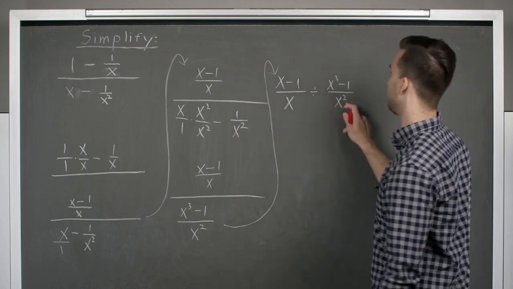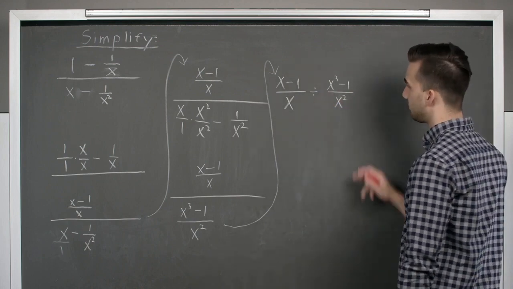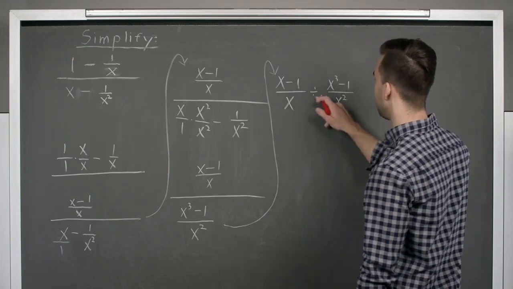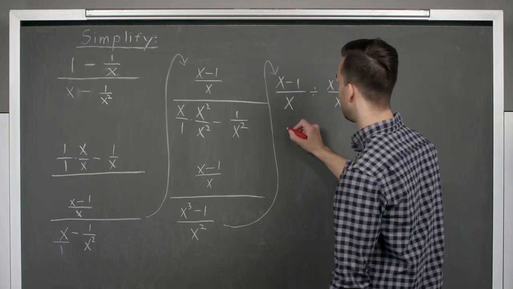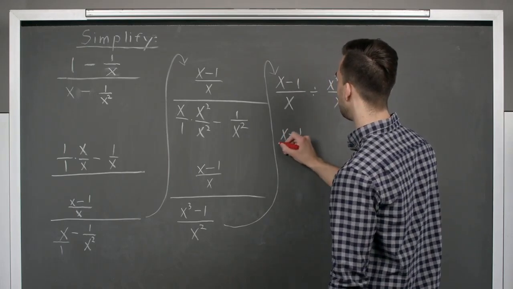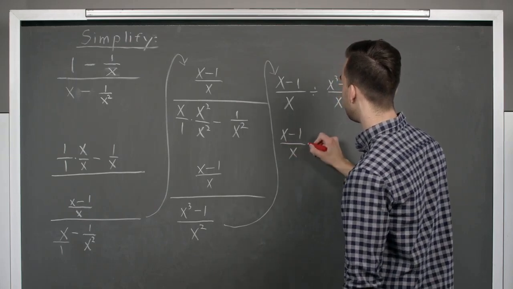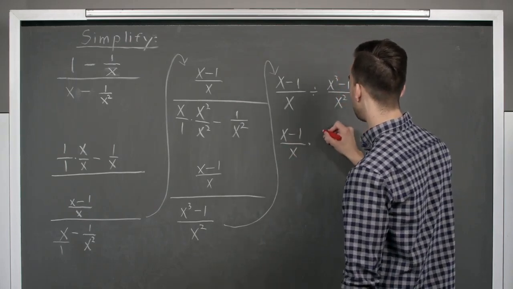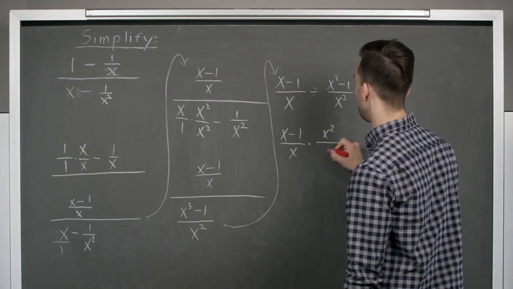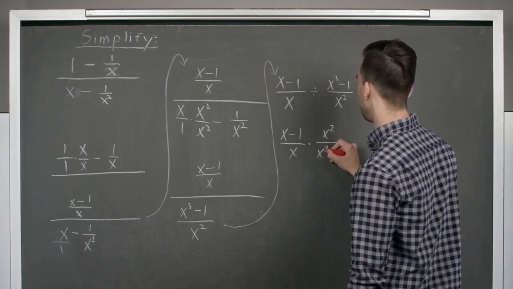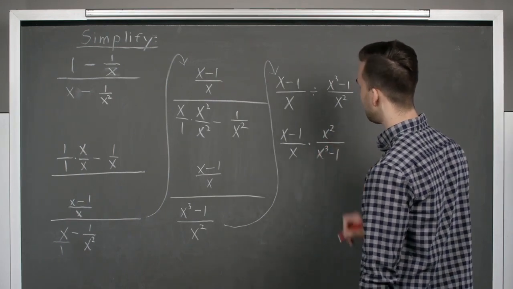So now what we do when we divide this, we just flip the second thing. We flip the thing after the division sign, so we can write this as x minus 1 over x times x squared over x to the power of 3 minus 1.